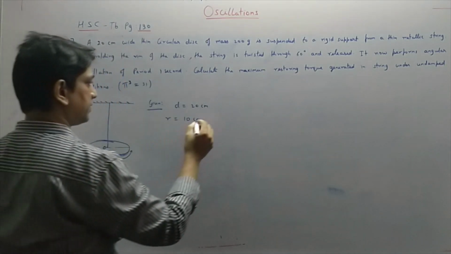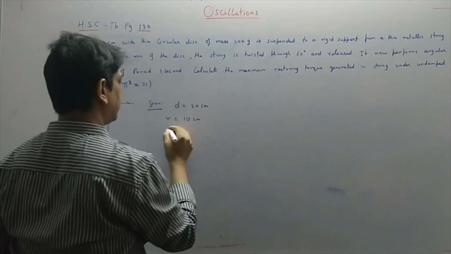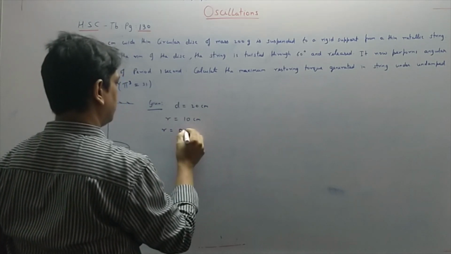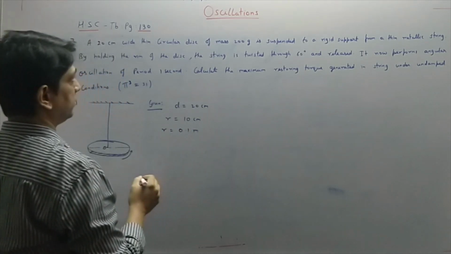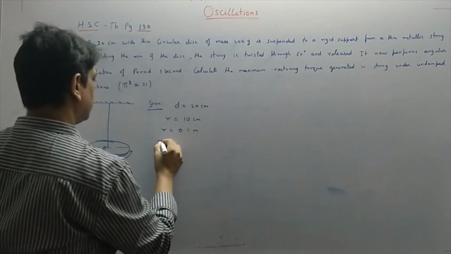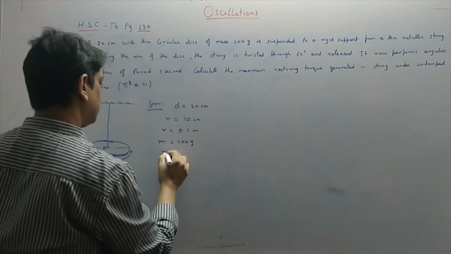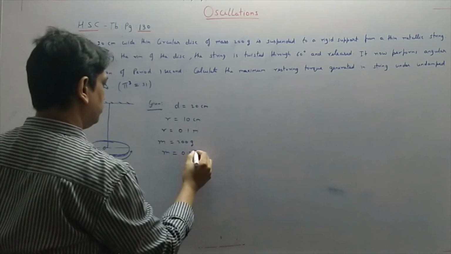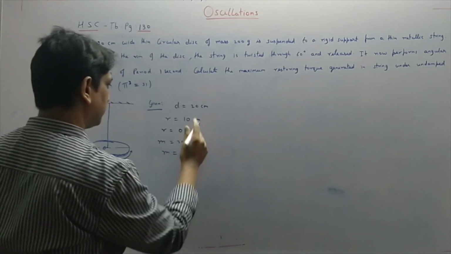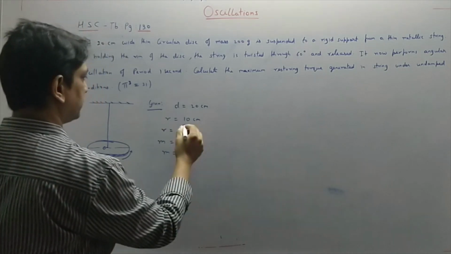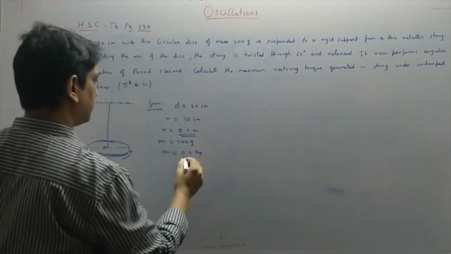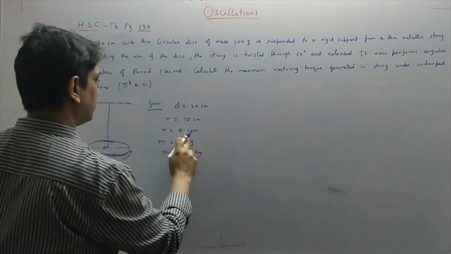We can take the radius as 0.1 meter, and the mass is 200 grams divided by 1000, that is 0.2 kg. Converting to SI units, we have 0.1 meter radius and mass of 0.2 kg.